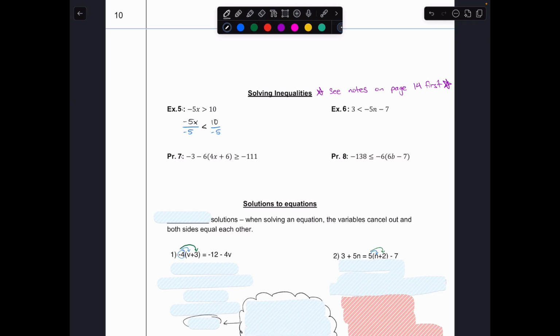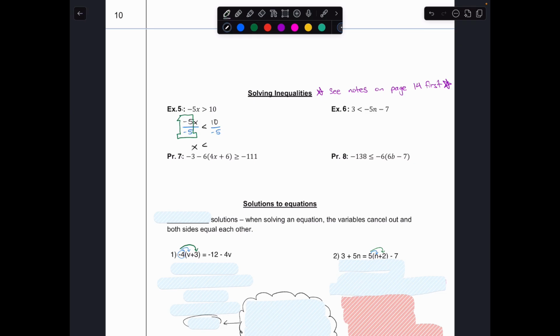And that's all there is to it. Now we just simplify both sides of the inequality, just like we did in the last video with equations. So we have a fraction on the left side here. -5 divided by -5. That's just a big fat 1, right? Anything divided by itself is 1. And 1 times x is just x.